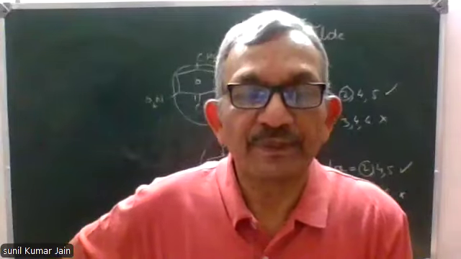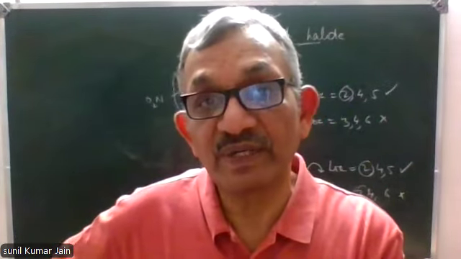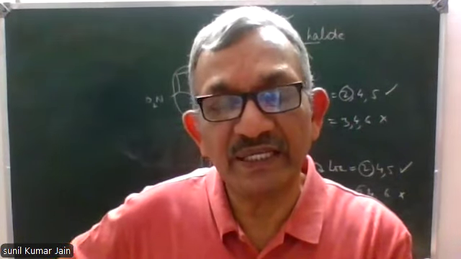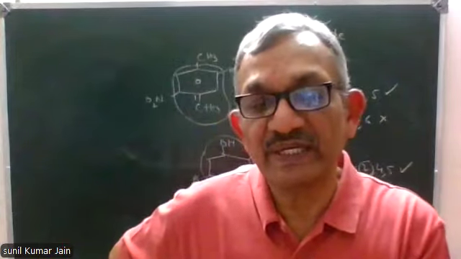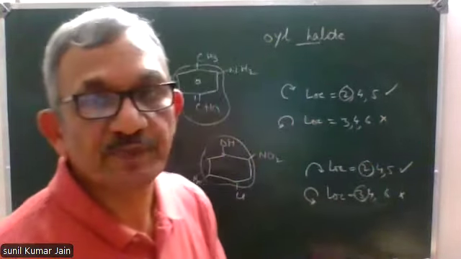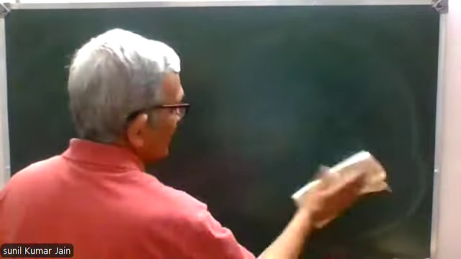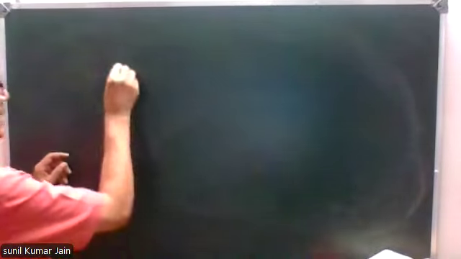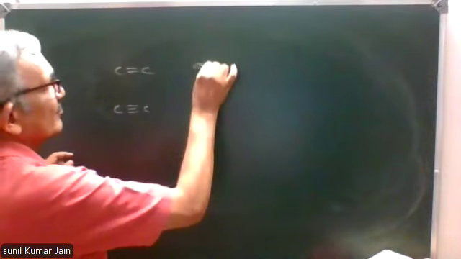For NH2 group, it is amine and amino, very much similar. Now there are two typical groups. Look here. Carbon-carbon double bond, carbon-carbon triple bond.